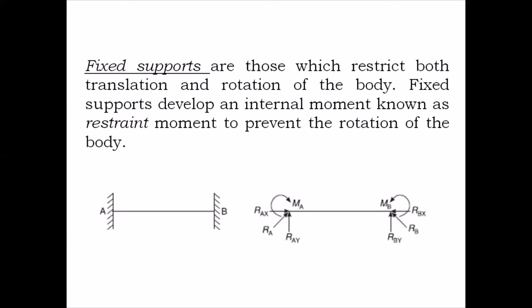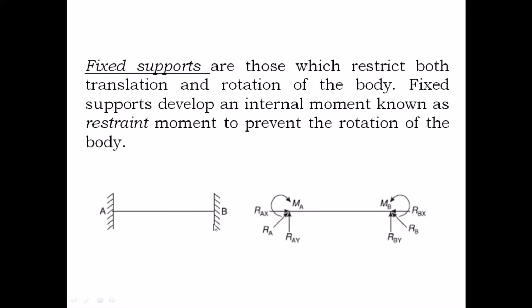So you can see we have a fixed support at end A, and we have the reactions, that is in vertical direction, in horizontal direction, and along with that we do have a moment also. Now this moment sign which you can see at point A is what restricts the beam from bending or from rotation.